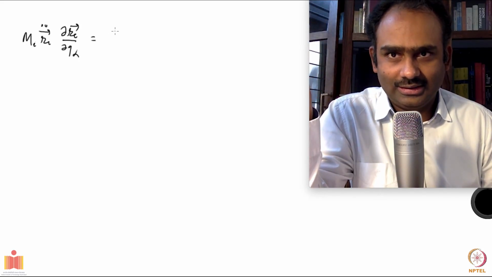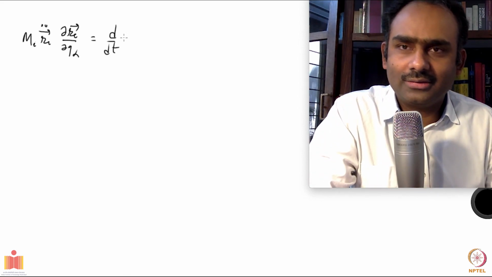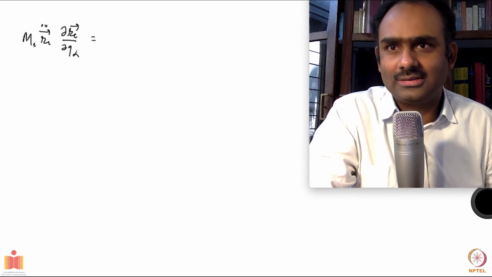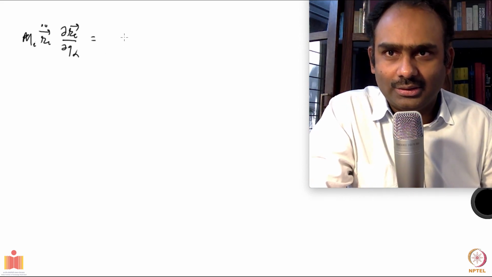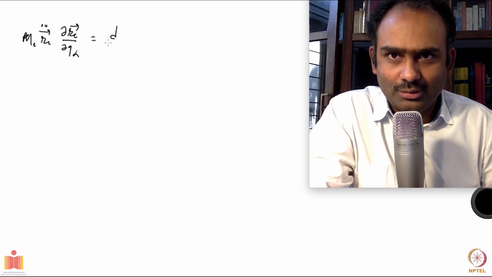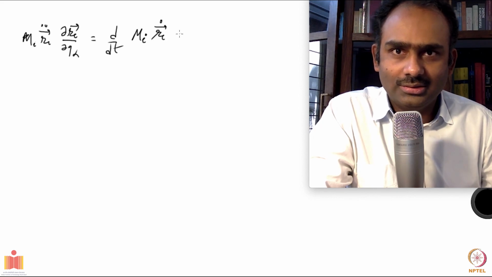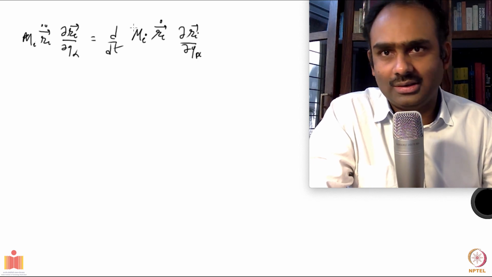So I write this as d over dt of mi ri dot del ri over del q alpha.